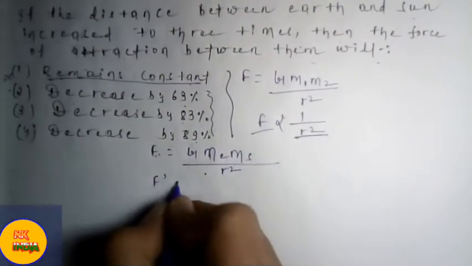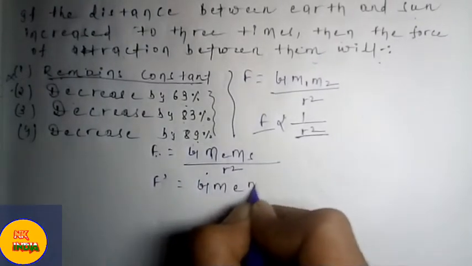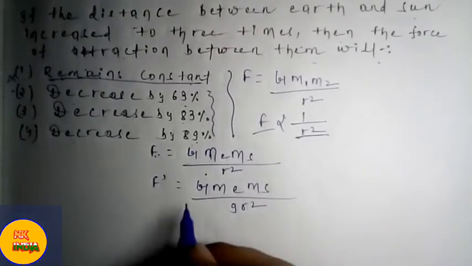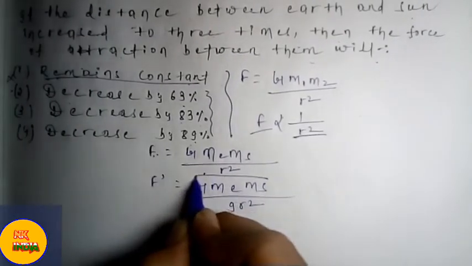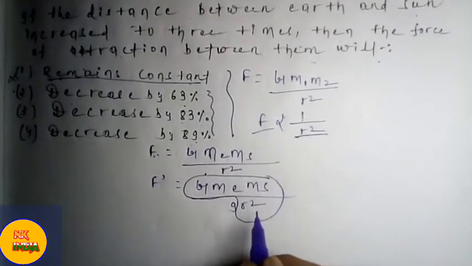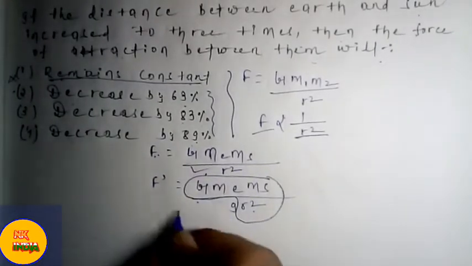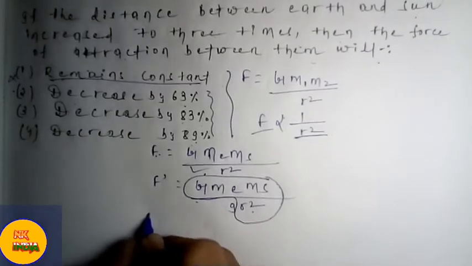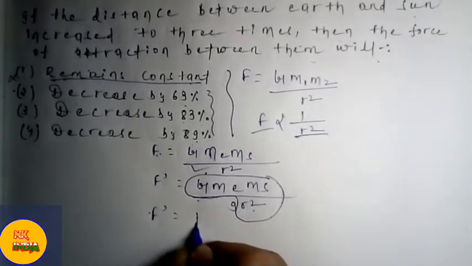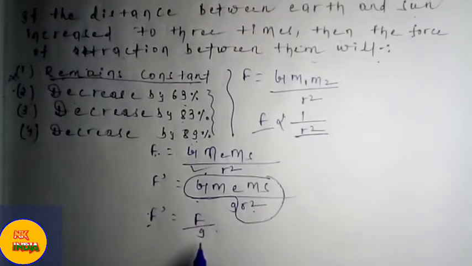It means that F dash is equal to G into mass of Earth into mass of Sun divided by 9 r square. And you will observe that this is the force of attraction between Sun and Earth. So we can say that F dash is equal to F by 9.